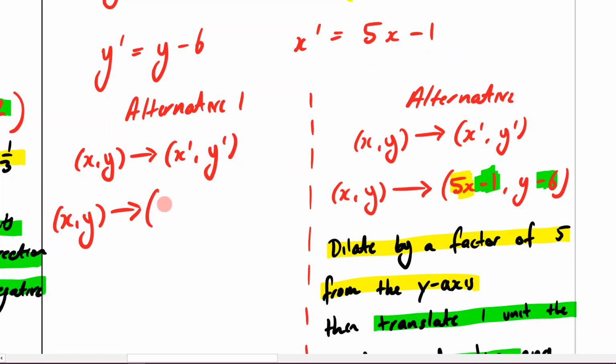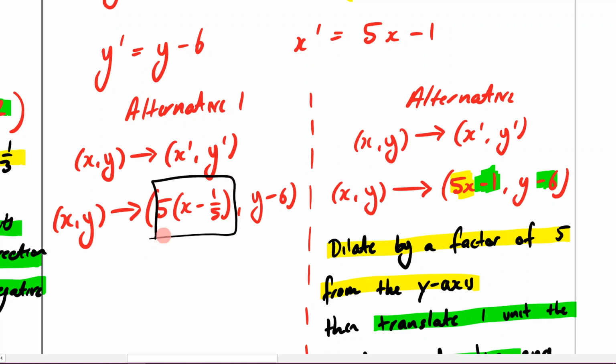I could take 5 out, and that would leave me with x minus 1 on 5. And then for y dash it's just y minus 6. What's really important for you to realize is that by factorizing, this is different to that, and that changes the sequence of the transformation. The sequence changes. Okay, let's now write our answer.